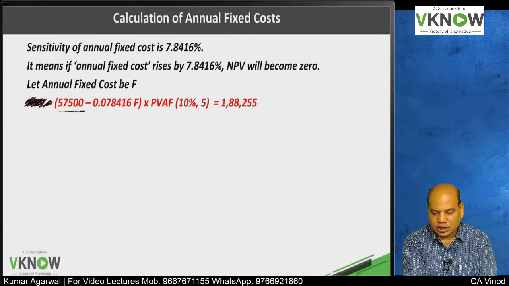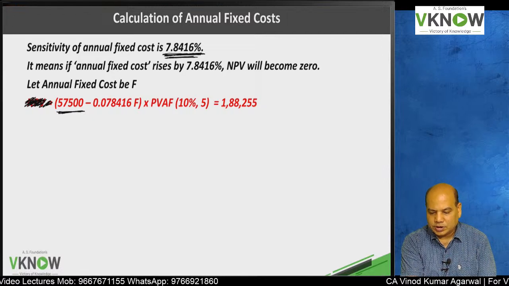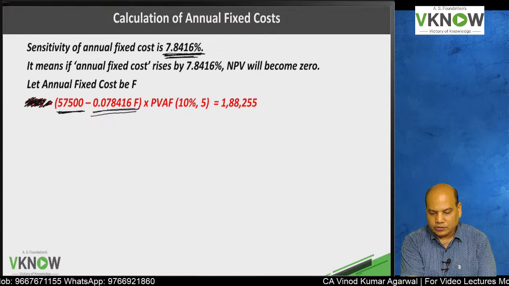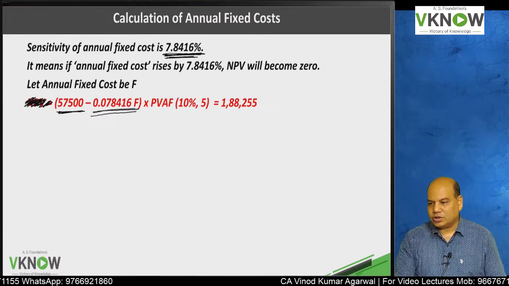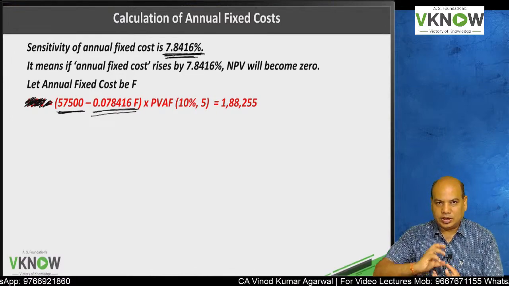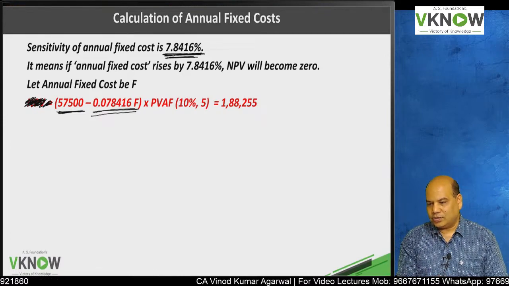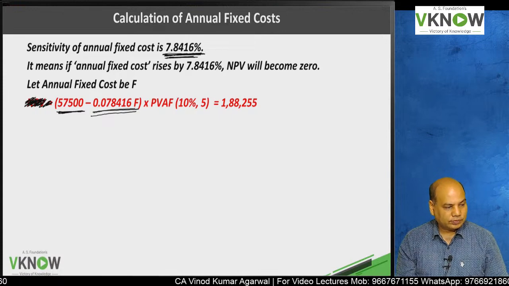This is my annual cash flow given in the problem. If fixed cost increases by 7.8416%, my annual cash inflow will reduce by 0.078416 F, that is 7.8416% of F. Increase in fixed cost will reduce the cash inflow.